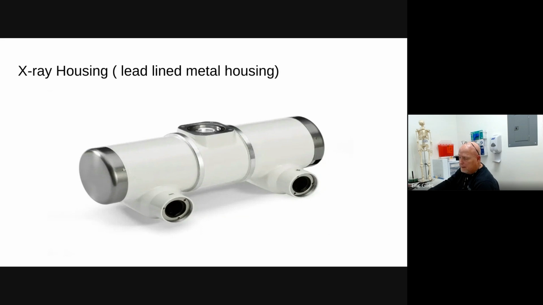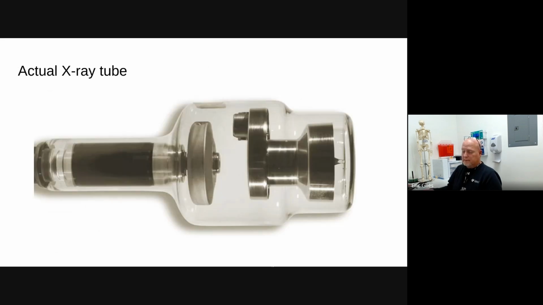Okay. All right, here's an actual X-ray tube. You can see that it's enclosed in glass, right? This really hard refined glass. Okay. This side right here is the cathode. Okay, you can see right here where the filament is. And this side is the anode. This is the anode stem, okay, and the rotor.